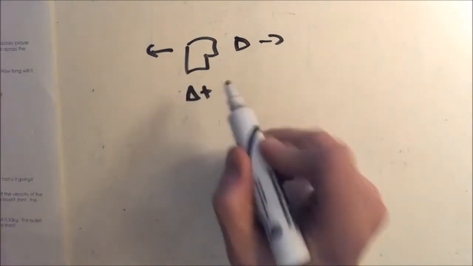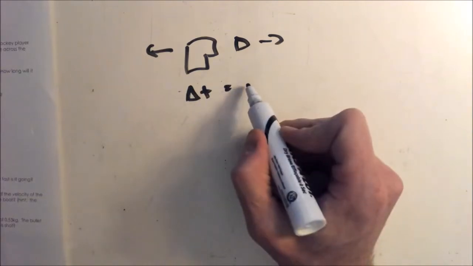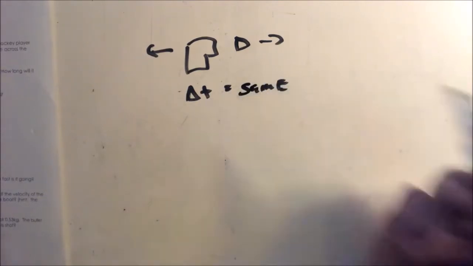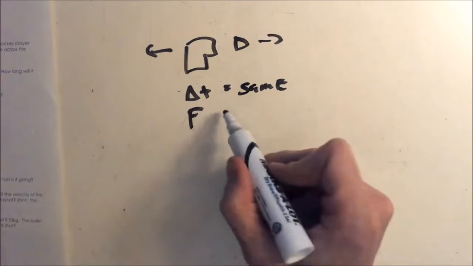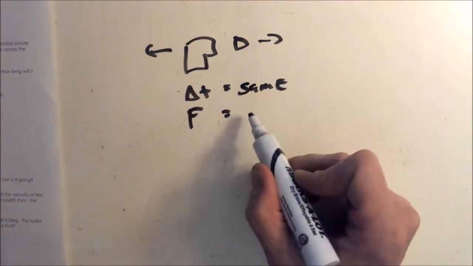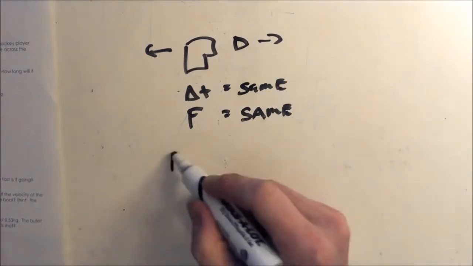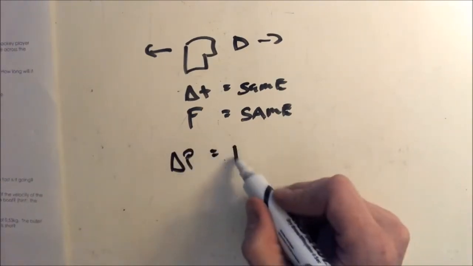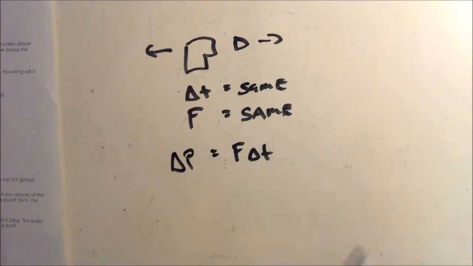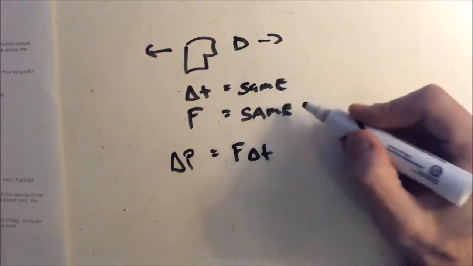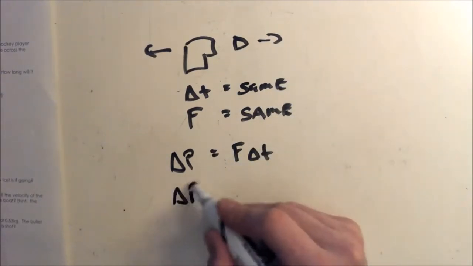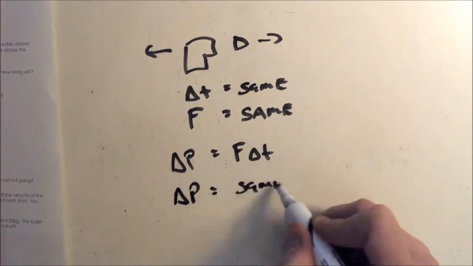So their delta t should be the same. And we already said that our force for that collision is the same as well. And we've shown multiple times that our impulse is equal to force multiplied by time. And if the time is the same and the force is the same, then their impulse is the same.